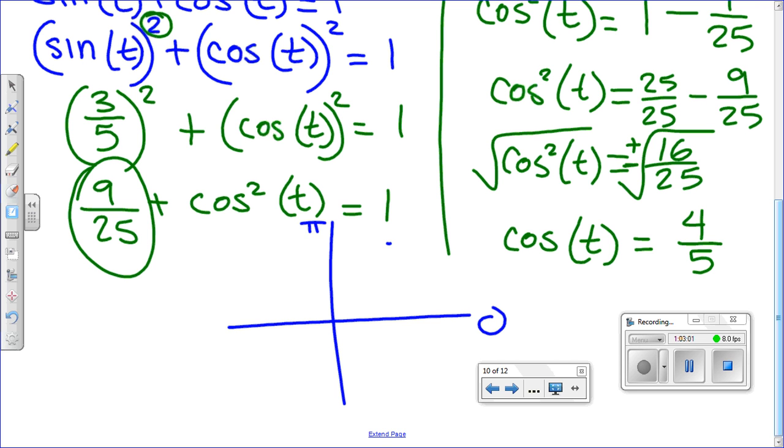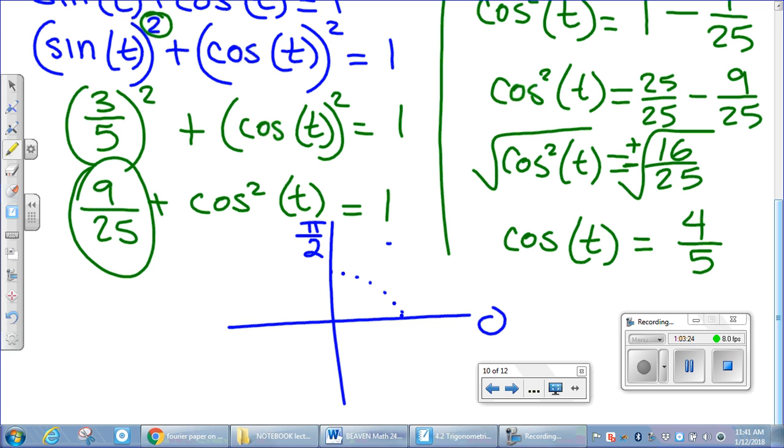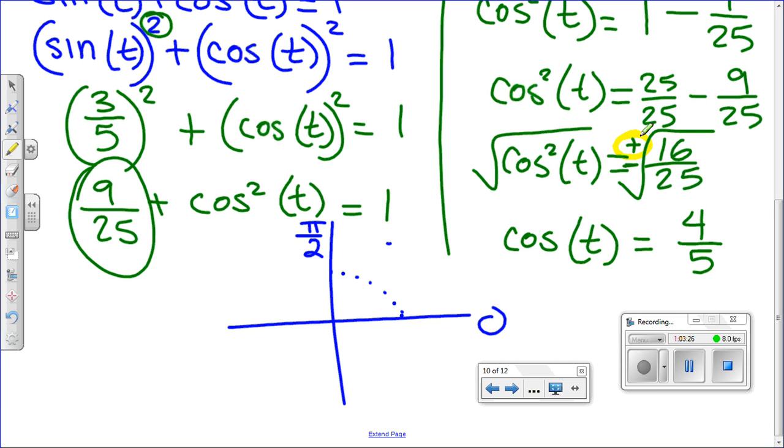So this is 0, this is pi over 2. So we're talking about an angle anywhere here. So if we're talking about the cosine, is that the x or the y? Cosine is the x. Will the x be positive or negative in the first quadrant? Positive. So that's why we only take the positive root, and that's why it's only positive 4/5.